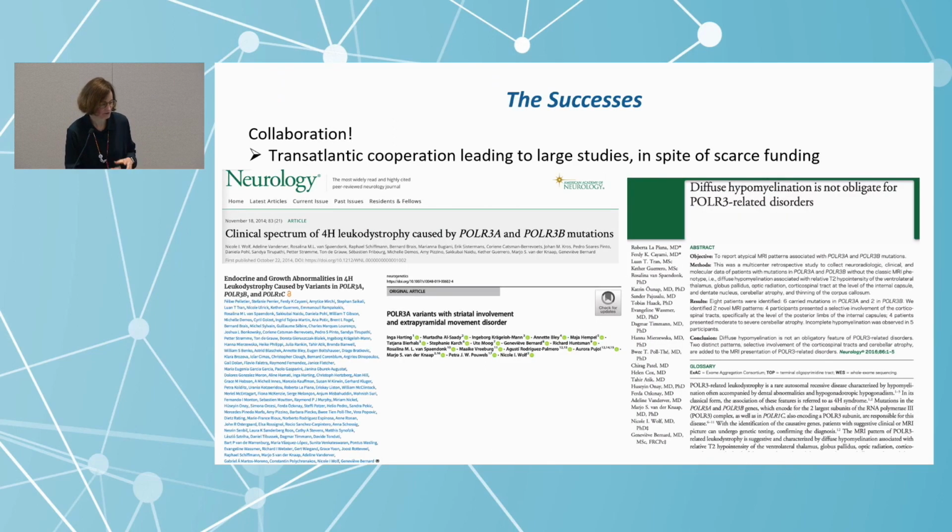which makes it quite a difficult disease to treat. I think the biggest success, at least in my eyes, is the nice collaboration with the Montreal team and also the team of Adeline. This transatlantic cooperation has led to large studies in spite of actually scarce funding. I think I could say that.